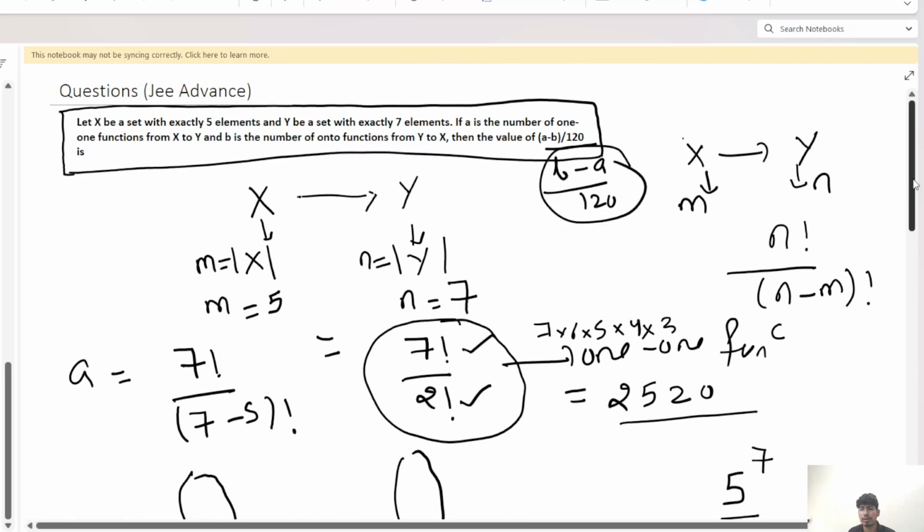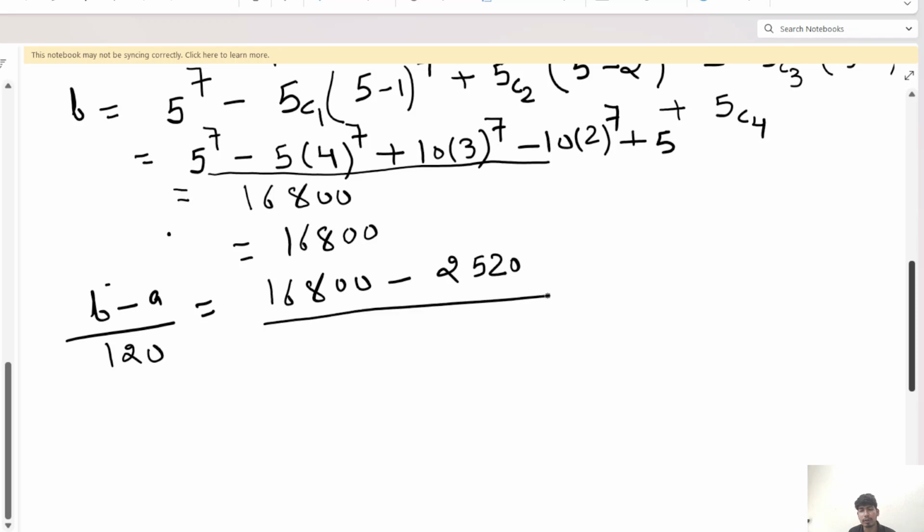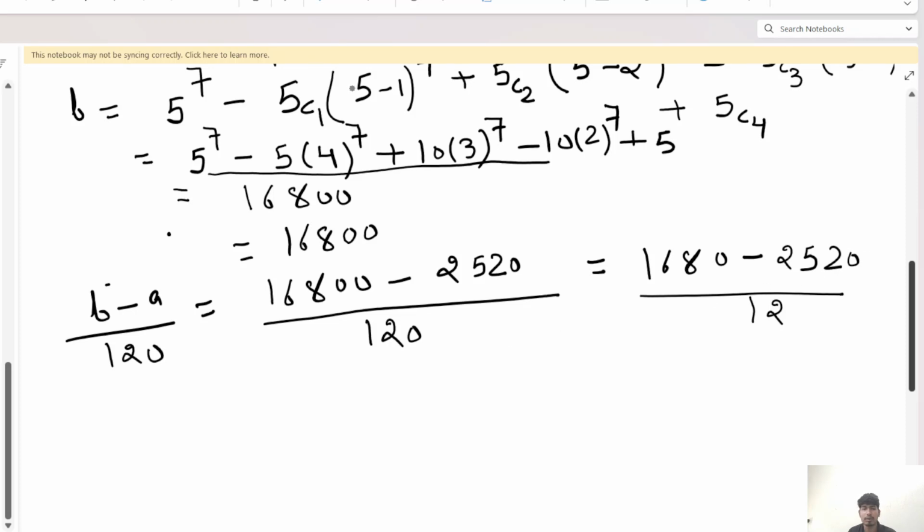Then b is 16,800 and a is 2520, and this is 120. When we take 10 common from the numerator, this becomes 12.